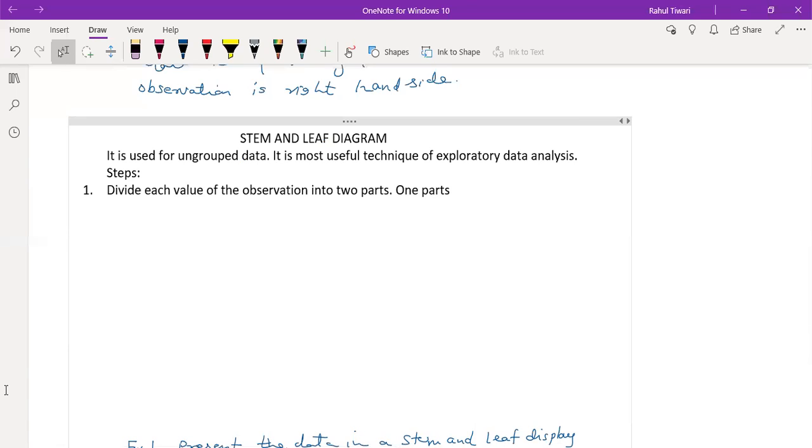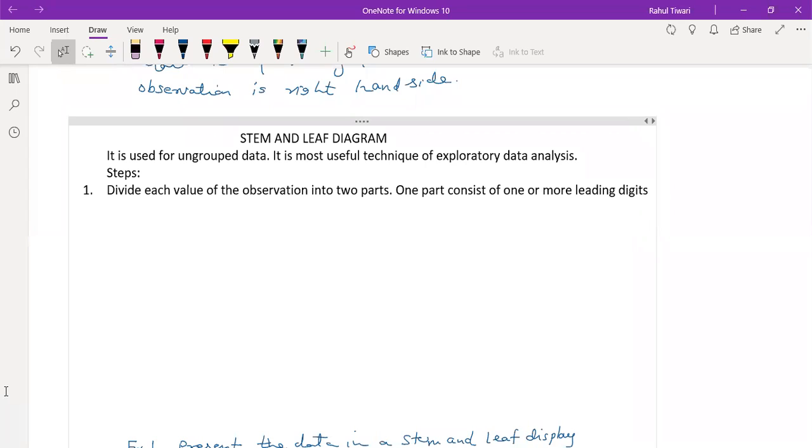One part consists of one or more leading digits. अब ये थोड़ा सा समझने में आपको difficult पड़ेगा, but मैं बताता हूँ इसके अंदर क्या होता है.